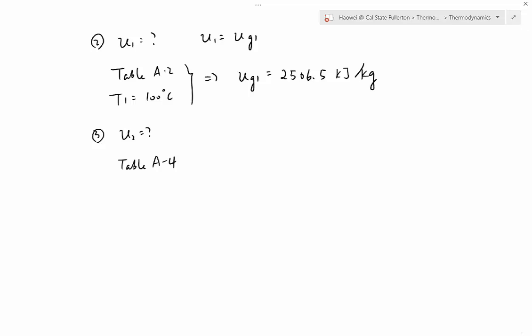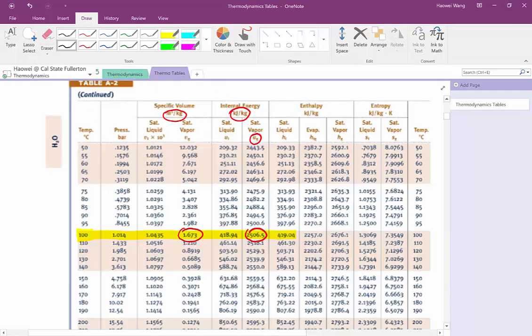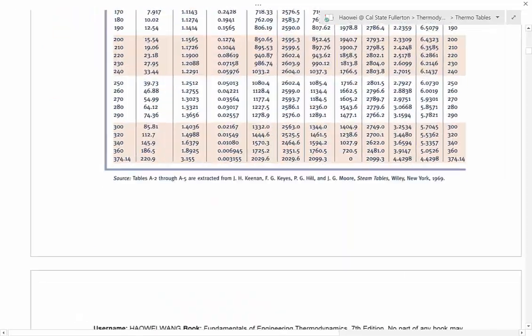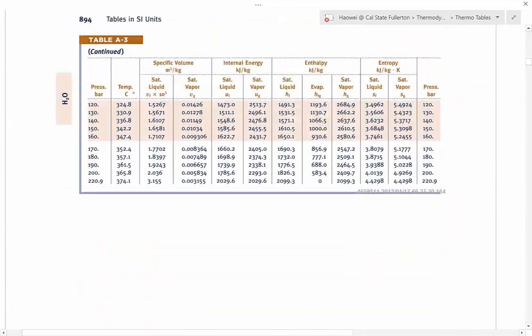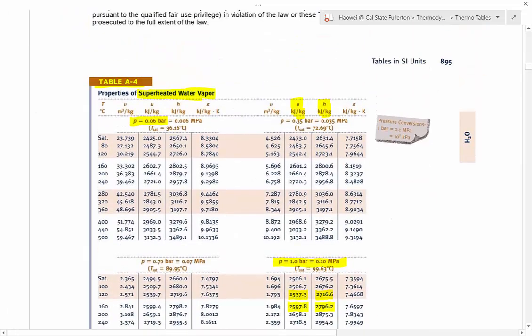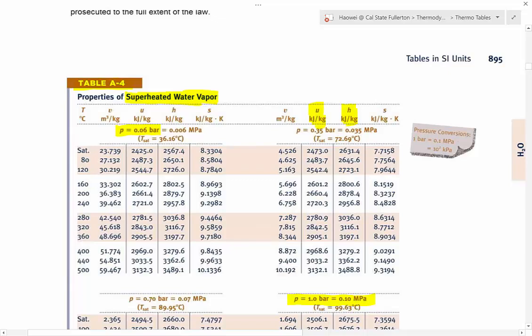How do we use table A4? You have to have two inputs when you use table A4. Let's go to table A4. Okay, so this is table A4. The first input has to be pressure so that you can find a corresponding block. Each block is at a different pressure.